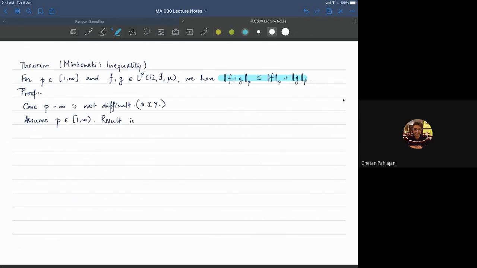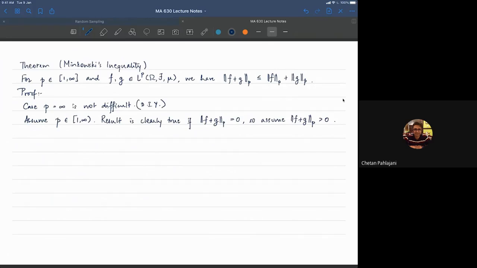So if the left side is 0, then the inequality is true, no problem. The result is clearly true if the norm of f + g equals 0. So assume the norm of f + g is greater than 0, because if it's 0 then it's trivial. This norm can't be negative.